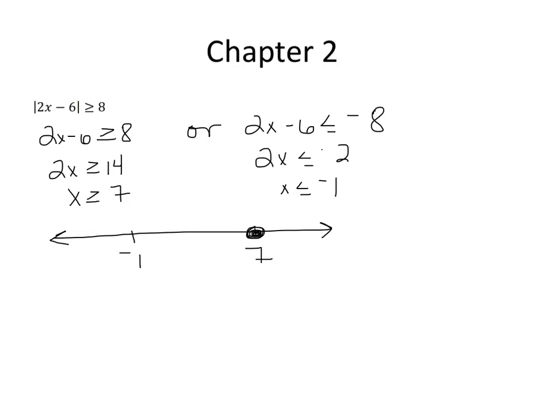Because it's greater than or equal to, we fill it in, and it's greater than. Because this one's less than or equal to, we fill that one in as well. So if you're still not sure if it's supposed to be an and or or, now you can look at the graph. The graph is rabbit ears, so that's going to be or.